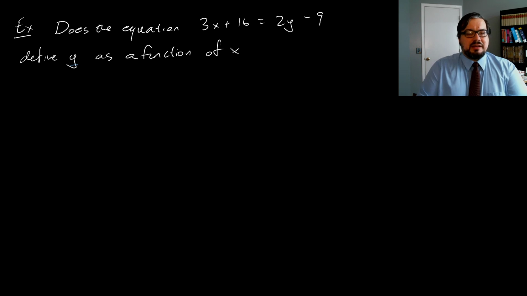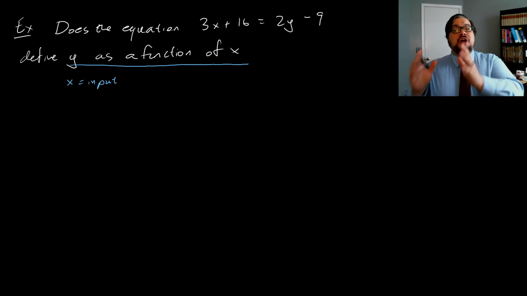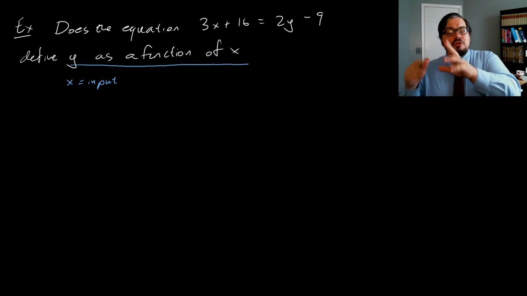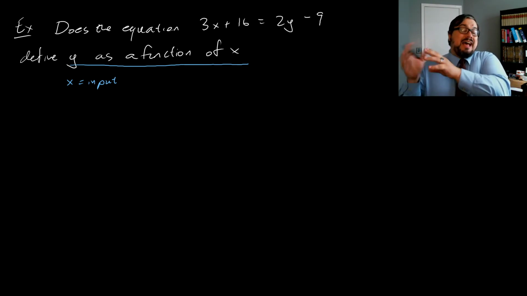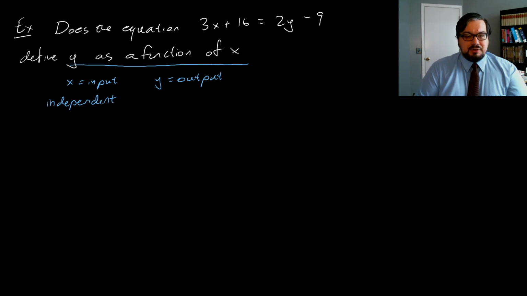So this expression right here, y as a function of x, means that we are using x as the input. A function of a variable means that that variable is being considered the input, and whatever the other variable is considered the output. x is also sometimes called the independent variable and y the dependent variable.